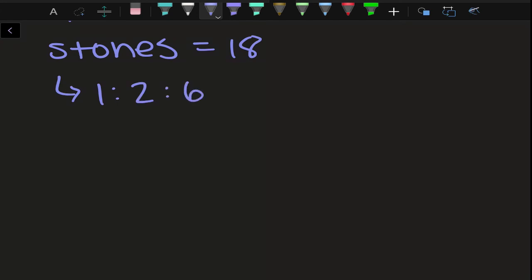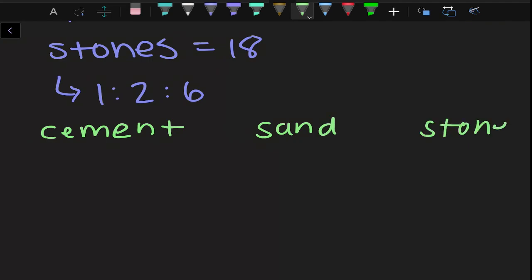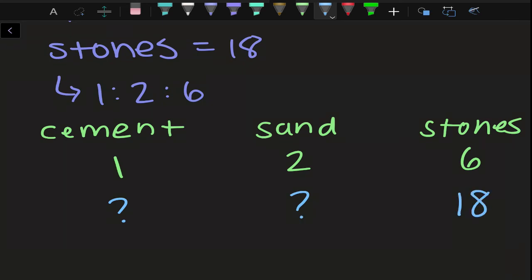Okay, so if I create a table, I have cement, sand, and stones. What I need is 1 cement, 2 sand, and 6 stones. But what I have is 18 stones.